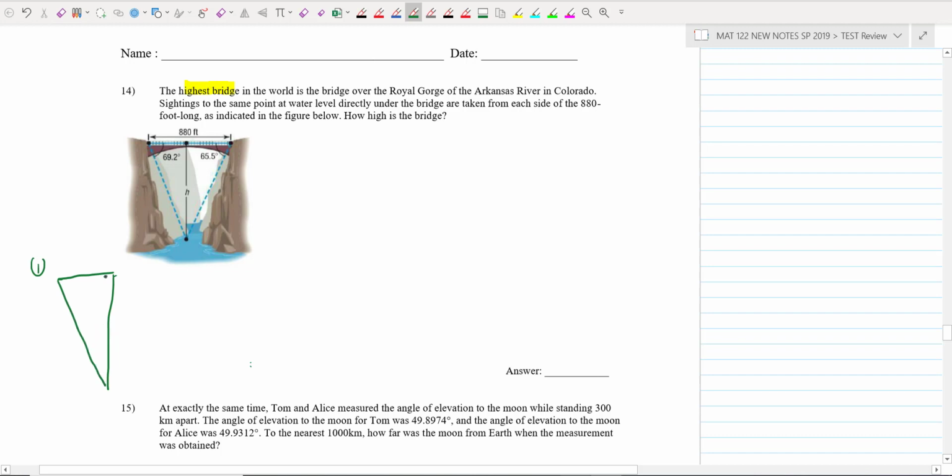One has an angle of 69.2 degrees, and the other has a 65.5 degree angle, and we could find the remaining angles if we needed to. We're trying to find the height, so ultimately we have to find a side of one of those two triangles. We'll probably use law of sines somewhere to find that side.